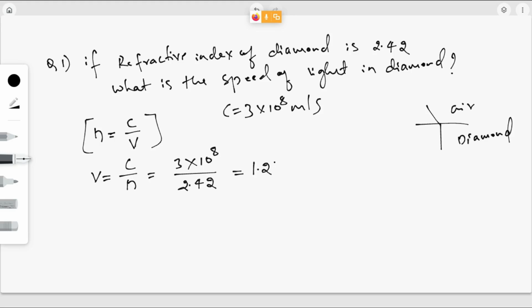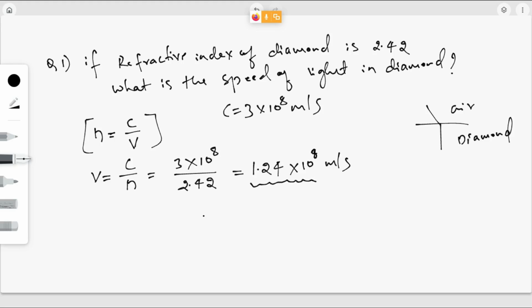Others, solve fast. 1.239 or 1.24 into 10 raised to 8 meter per second. So this is the speed of light in diamond.